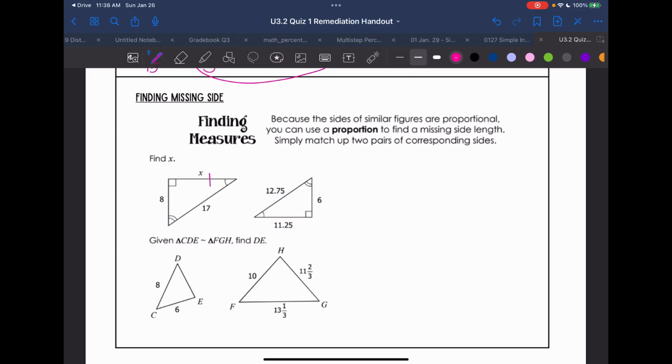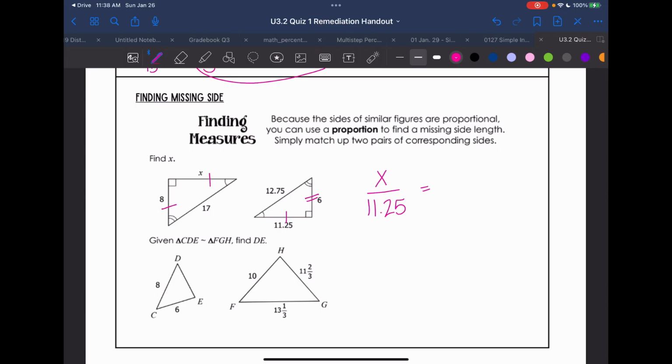So I always start with X, and then I look to see, on my other triangle, where is X? 11.25 is the side that's corresponding to X. So I'm going to put X over 11.25, and then it doesn't matter what other side I use as long as I'm using 2 corresponding sides. So I can use 8 and 6.